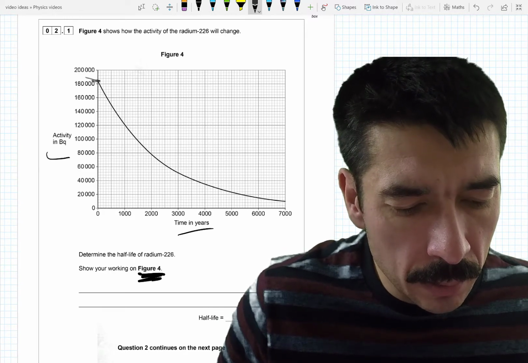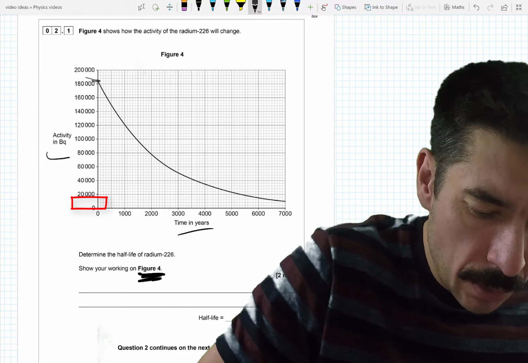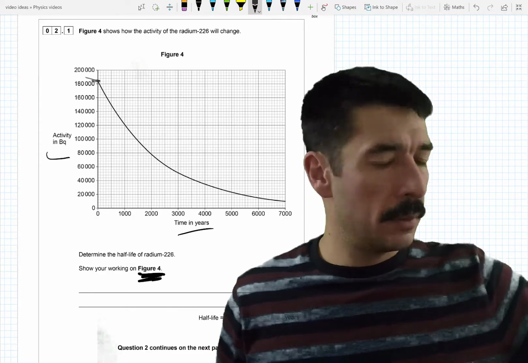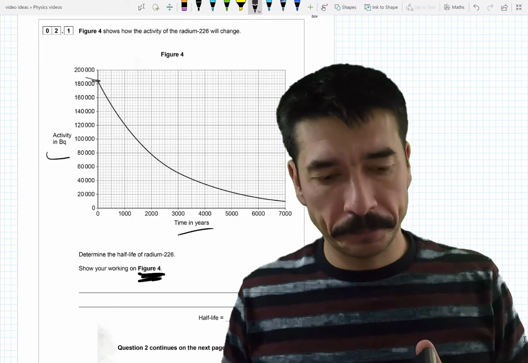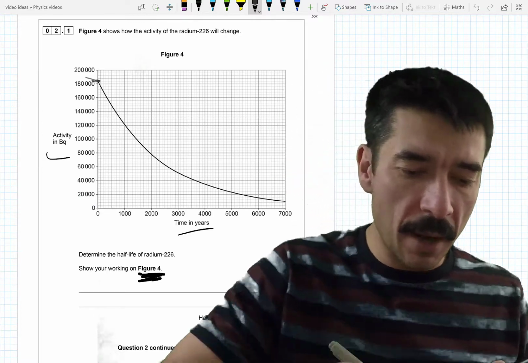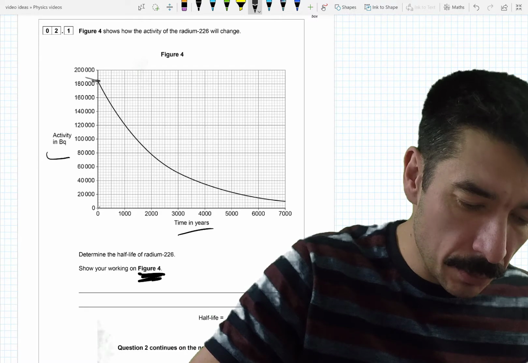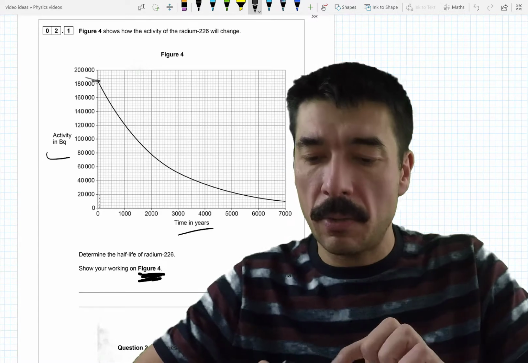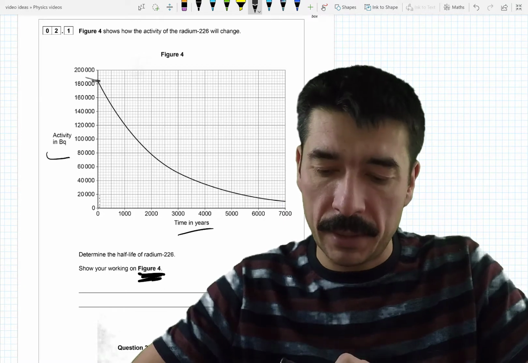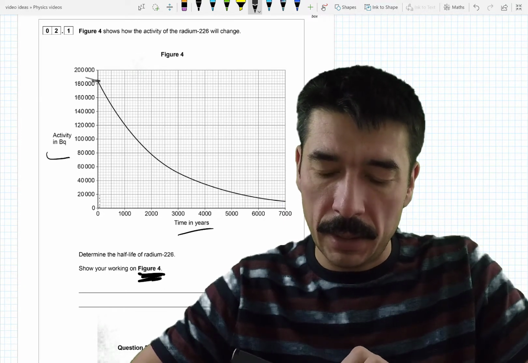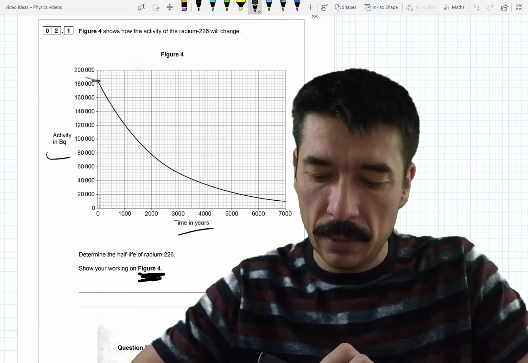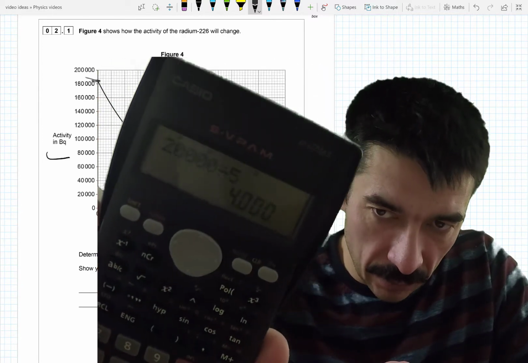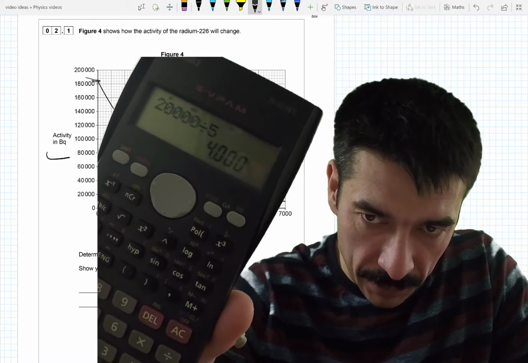So, these jumps are 20,000, and you've got 5 spaces. You've got 5 individual squares between each jump: 1, 2, 3, 4, 5. So each little square is worth 1/5 of 20,000. 20,000 divided by 5 will tell me the size of each division, and the size of each division is 4,000.